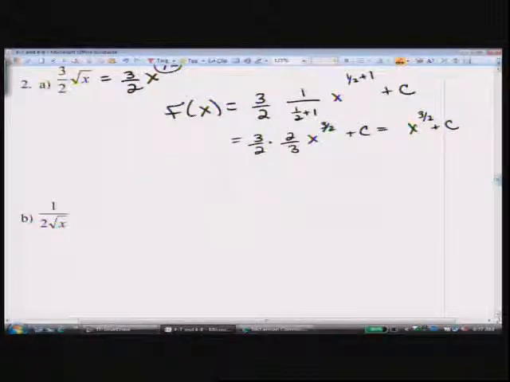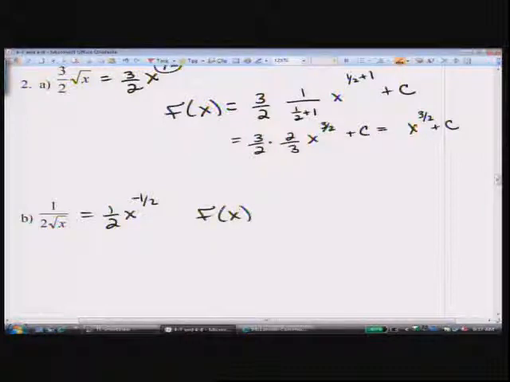All right, and this function, this 1/2 is just tagging along. You need to think of this as 1/2 x to the negative 1/2. Does everybody agree with how I wrote that? All right, so big F of x, this negative 1/2 is your n, right?